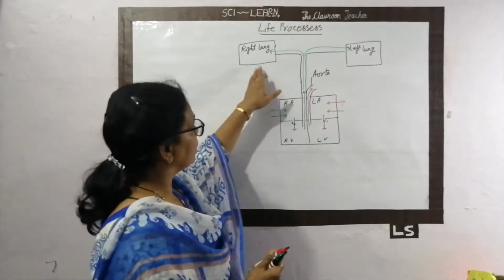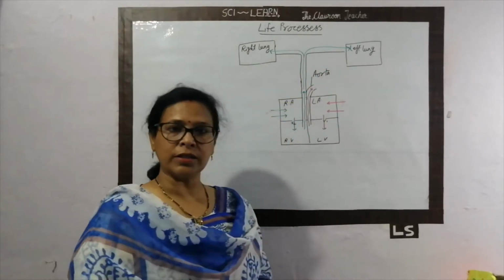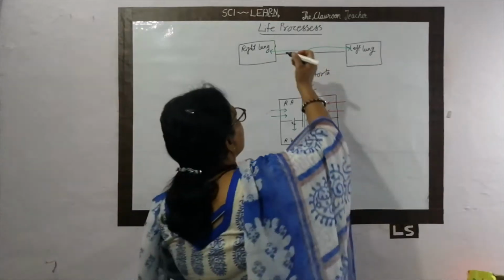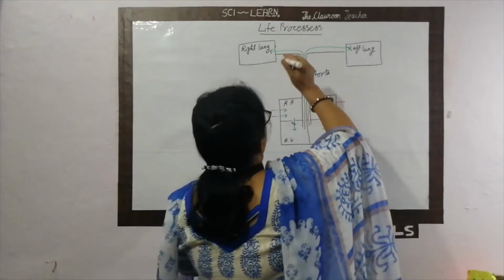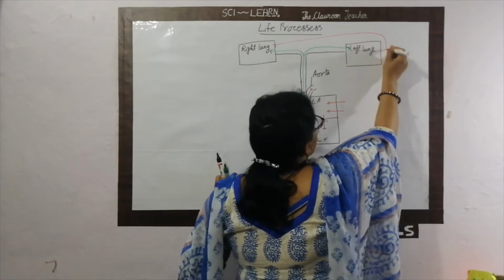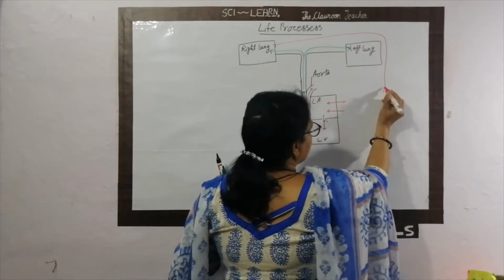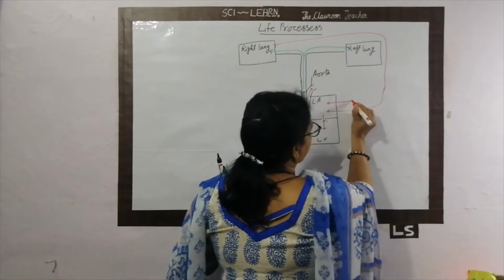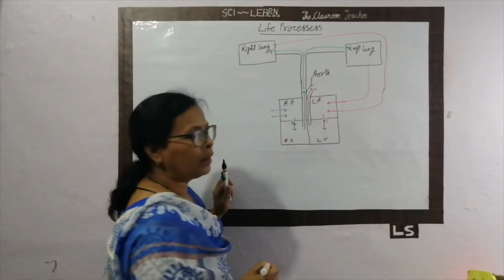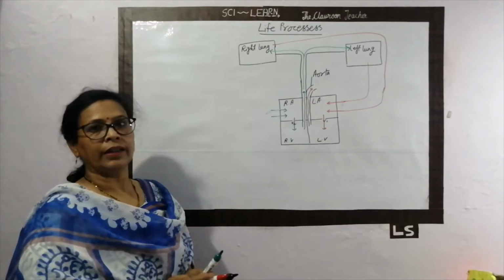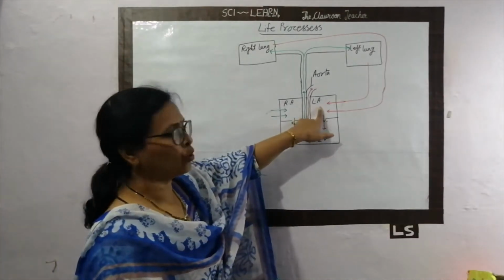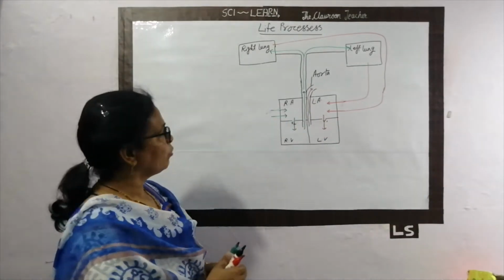When the blood reaches the lungs, it is deoxygenated, but afterwards this blood becomes oxygenated. This oxygenated blood comes from the right lung and from the left lung into the chamber that we call the left atrium.